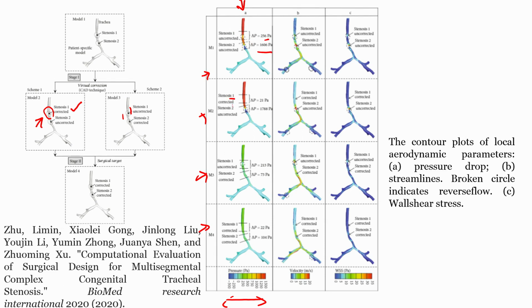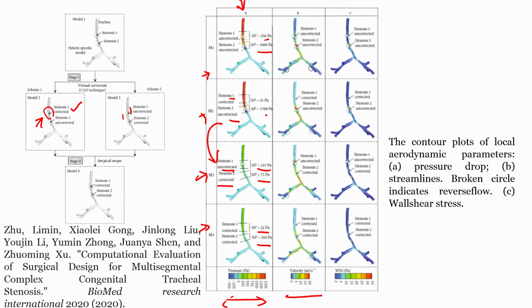And if either one of them is corrected, how is the pressure drop changing, and this is the vice versa of this case scenario. This is the pressure drop which was obtained using the CFD. However, this may not be exactly close to what might happen in situ, but it can give a clear estimation of what the surgeon can do. And when both are corrected, how is the pressure drop changing?